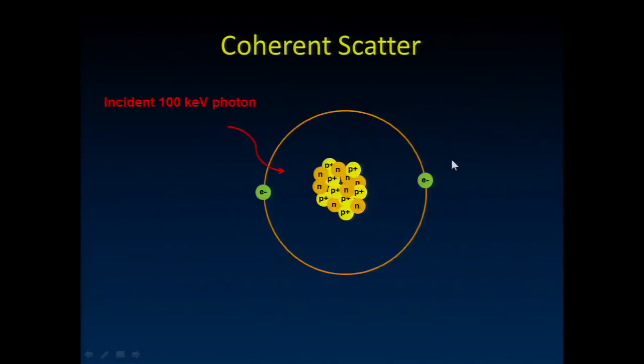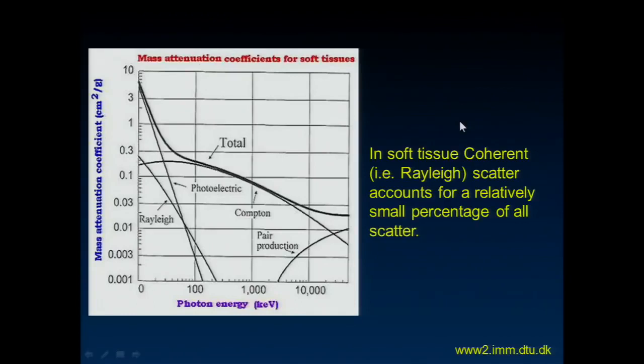We're lucky because coherent scatter really is a minority of the interactions that occur at diagnostic energies. It matters much more at mammography energies, but very little at the diagnostic energies for, let's say, abdominal plain film or CT. So we're going to ignore it for our purposes.